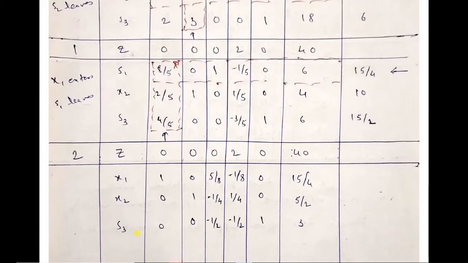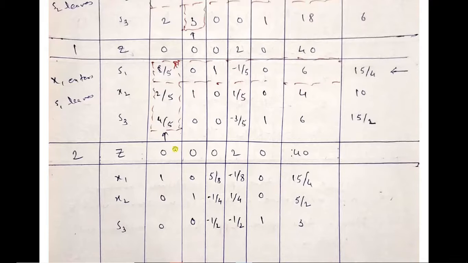So iteration number 2, z as it is. So in place of s1, we will write down x1, then x2 and s3 as it is. Now here common element is 8 by 5. So we will divide this row by 8 by 5. So resultant elements are 1, 0, 5 by 8, minus 1 by 8, 0 and 15 by 4.